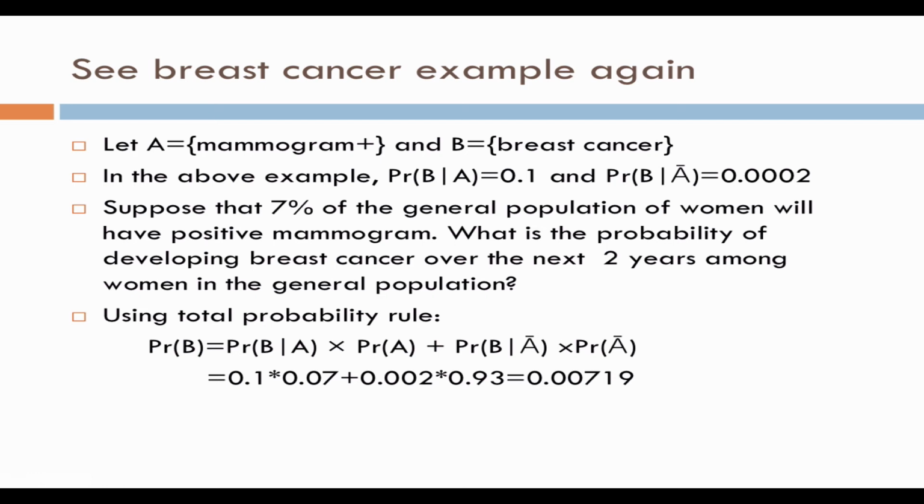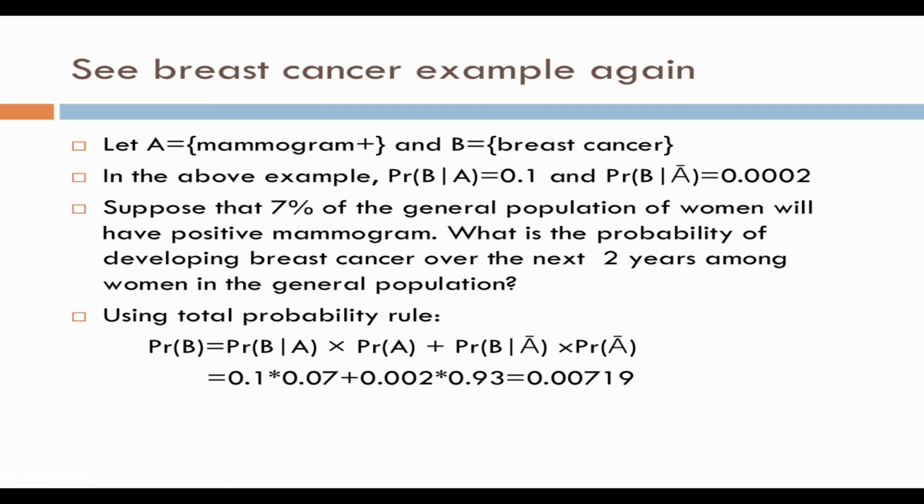And suppose all you know is that 7% of the general population will have a positive mammogram in your current sample. So here B is breast cancer and A is a positive mammogram. And we know that the probability of A is 7%.